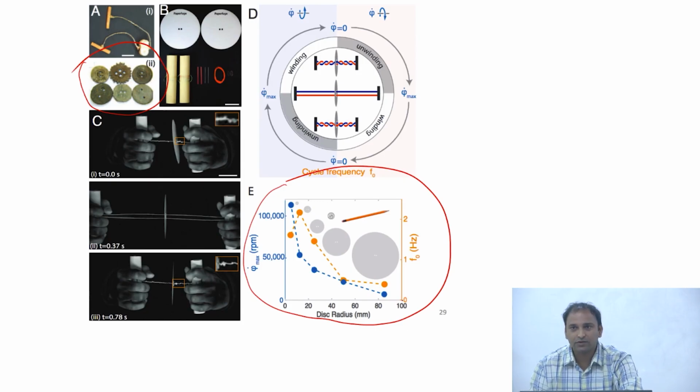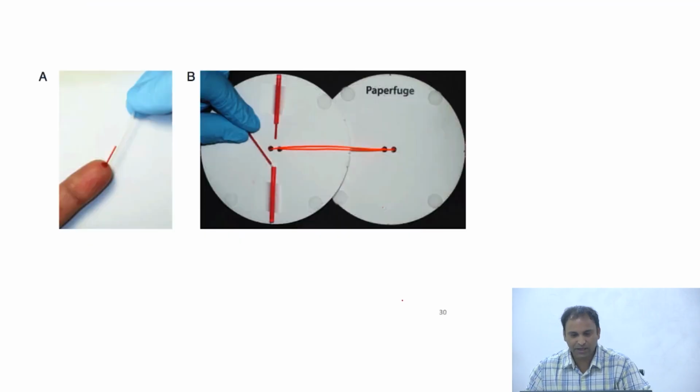It turns out that if you make it smaller, you rotate it faster. If you really want to go to very high G's, you would use a smaller diameter disk, and if the diameter becomes larger, your speed is going to go down. So depending upon what kind of speeds you want to generate, you can exploit the fact that phi max varies with the disk diameter.